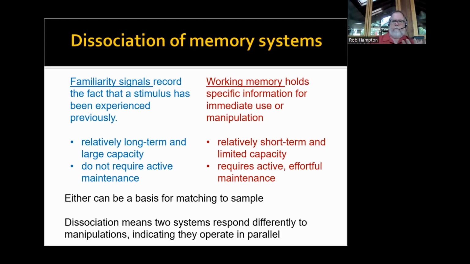And we're gonna dissociate these two memory systems, meaning that we're gonna look at some manipulations that affect one but don't affect the other. And that is telling us that these two systems are operating in parallel. They operate somewhat independently. They represent distinct systems.